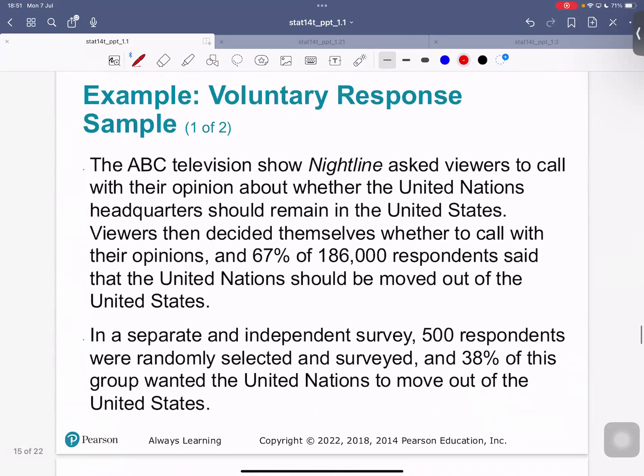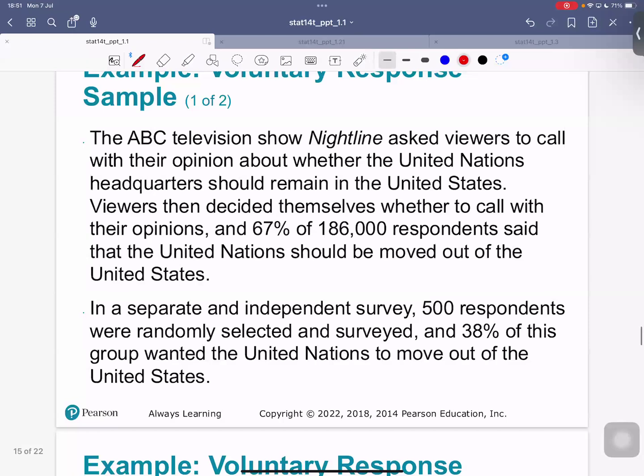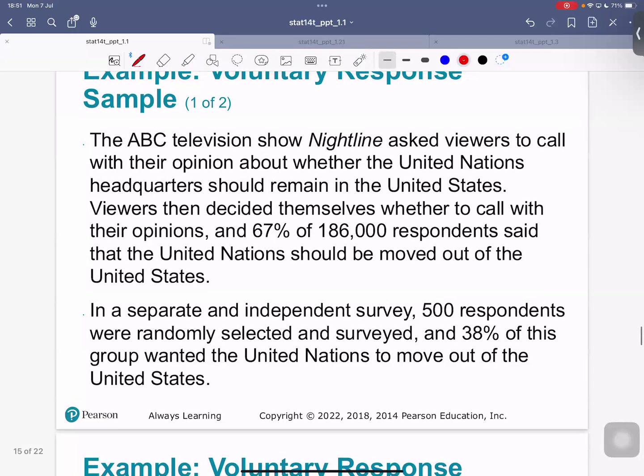Now let's do an example. The ABC television show Nightline asked viewers to call with their opinion about whether the United Nations headquarters should remain in the United States. Viewers then decided themselves whether to call with their opinions, and 67% of 186,000 respondents said that the United Nations should be moved out of the United States.